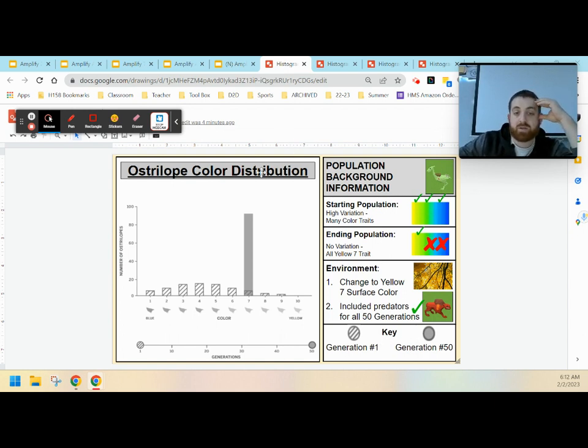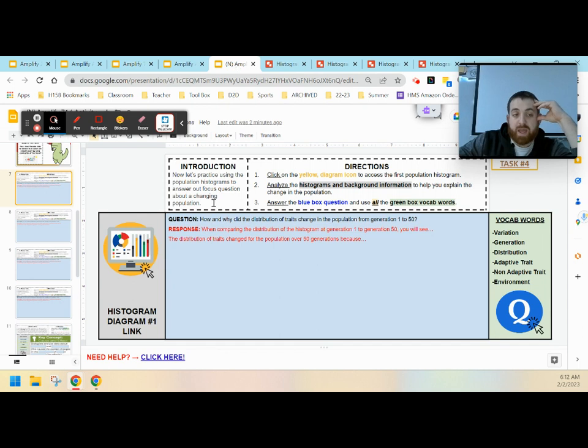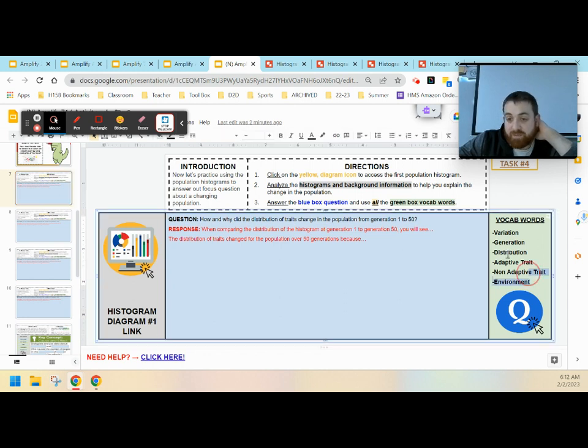And your job is going to be to use this histogram and this background information about the australopes to help answer the question, how and why did the distribution of traits change in the population from generation 1 to generation 50? All four of these tasks have the same question. All four of these tasks have the same vocab words that you need to help you answer the question.